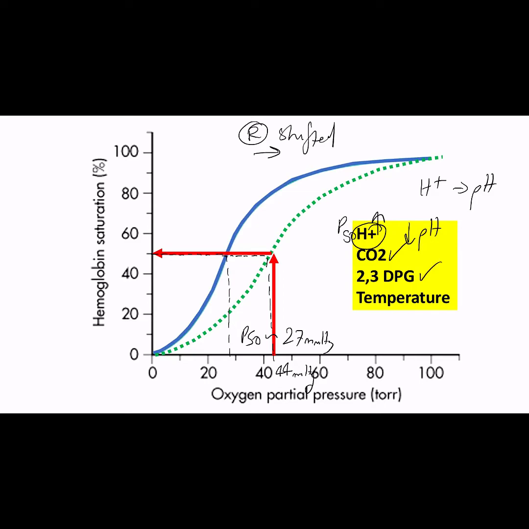So too does increasing 2,3-DPG, which is an intermediate of glycolysis, and we'll go into this in a bit more detail. And so too does increasing temperature. Again, we'll touch on this, but suffice to say, it is advantageous to have a right shifted hemoglobin dissociation curve if you want to unload oxygen.